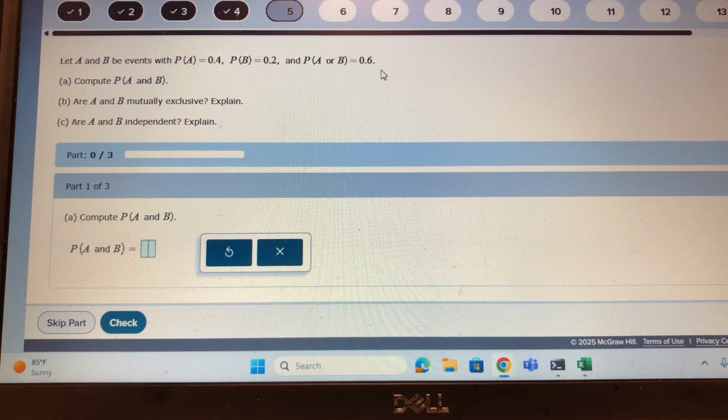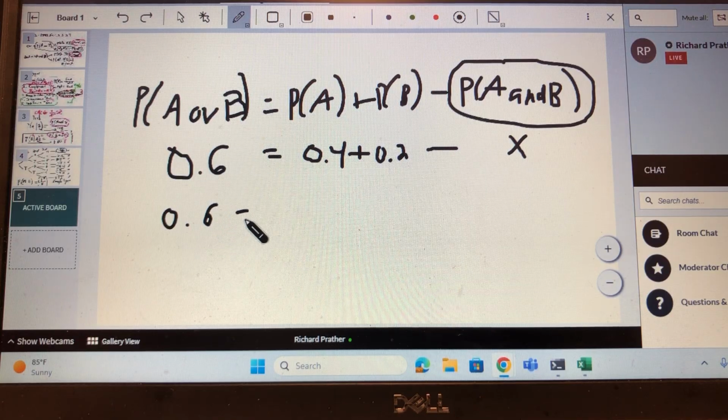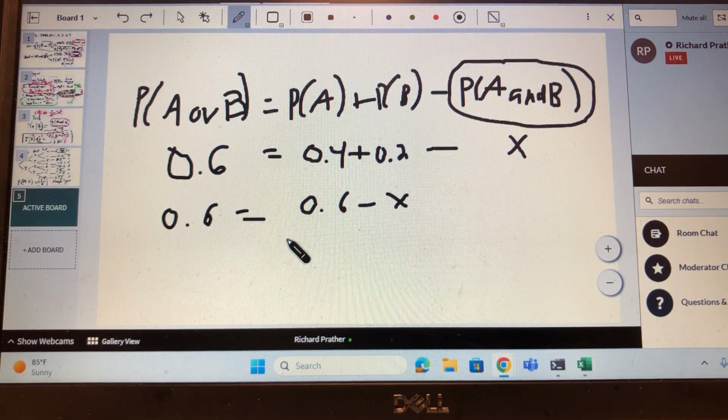And A or B is 0.6. Well, see, this is a case of mutually exclusive because watch what happens here. If you add 0.4 and 0.2, you get 0.6. And then you do some algebra to solve for x. I would subtract 0.6 next.